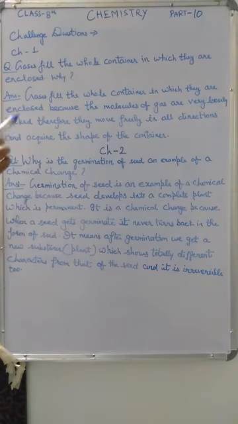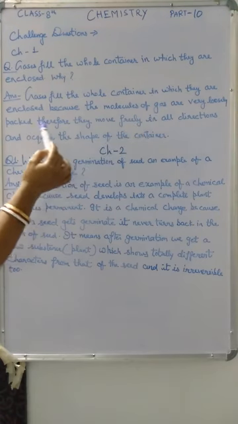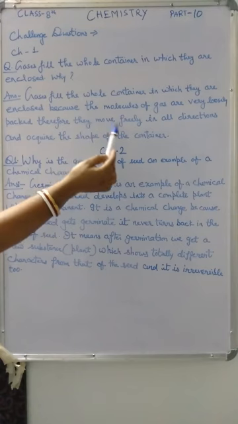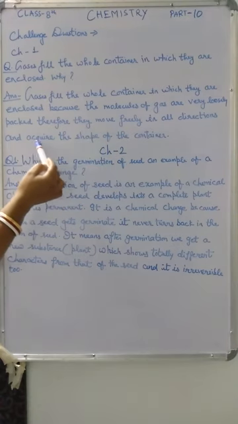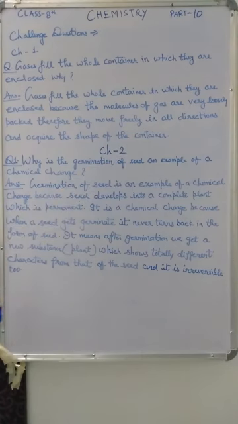The molecules are very far away from each other. Intermolecular space is maximum in gas. Remember? So because the molecules of gas are very loosely packed, they move freely in all directions and acquire, means get, the shape of the container. This is your answer number 1.